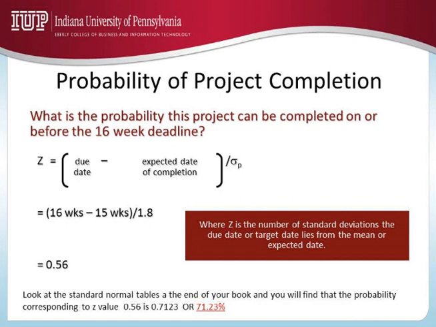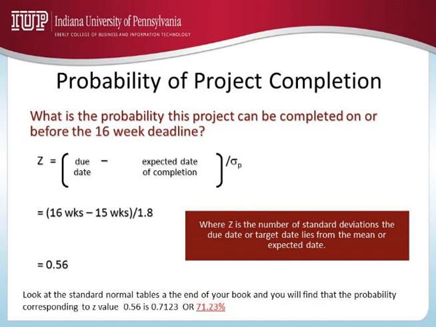So let's say you are successful in convincing the customer that 17 weeks would be the deadline. Okay, you can pause here and try to calculate that. What will happen if the due date happens to be 17 weeks? Okay, hope you made the simple calculation. 17 minus 15 divided by 1.8.